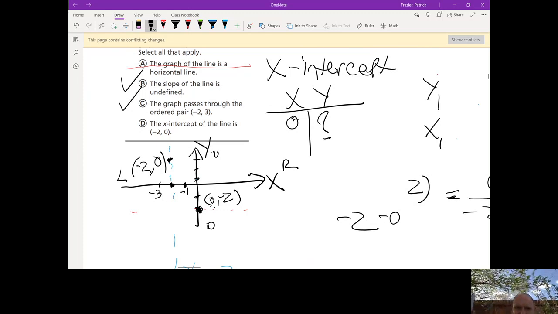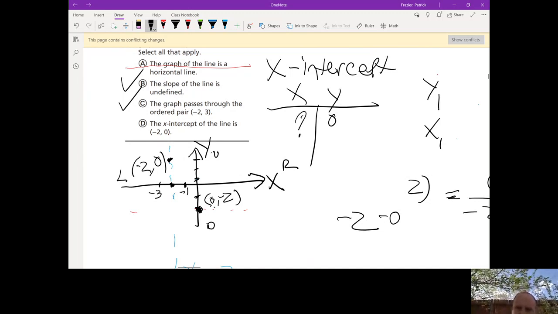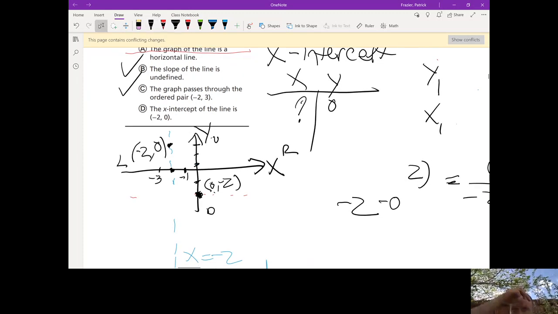Oh, excuse me. Why am I doing that backwards? The x-intercept is where y equals 0. What does x equal? That makes sense. Well, no matter what, x is going to equal -2. And also visually, that's just the point where the graph crosses through the x-axis.